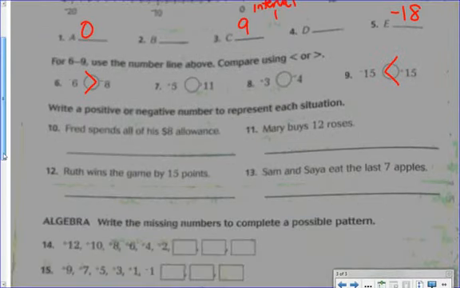All right, so down here, write a positive or negative number to represent each situation. Fred spends all of his $8 allowance. So Fred has $8 and he spent it all. Is that going to be a negative or a positive number? It is going to be a negative $8, because he started off with $8 and he keeps giving that money away.